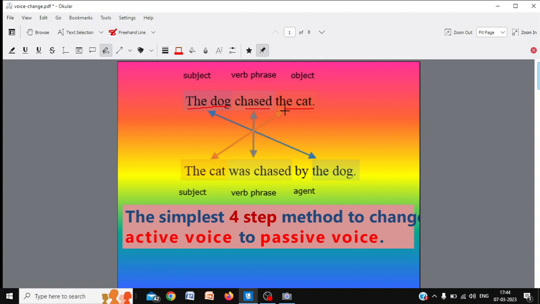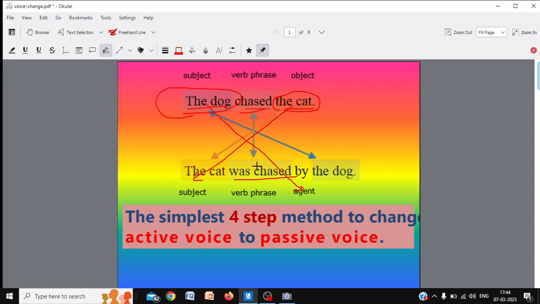And when we change it into passive voice, the cat, that is the object, comes first. The dog, which was the subject, comes last. And chased, one word, is replaced by was chased.